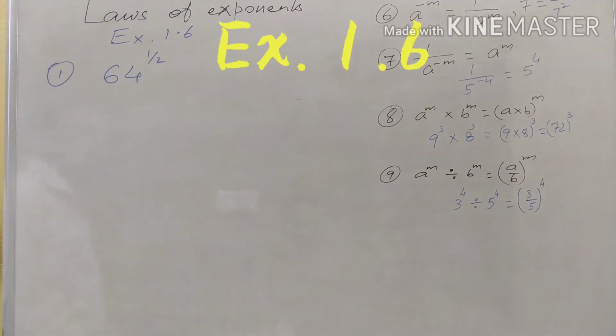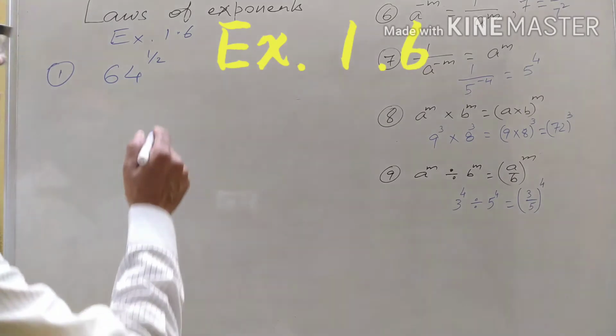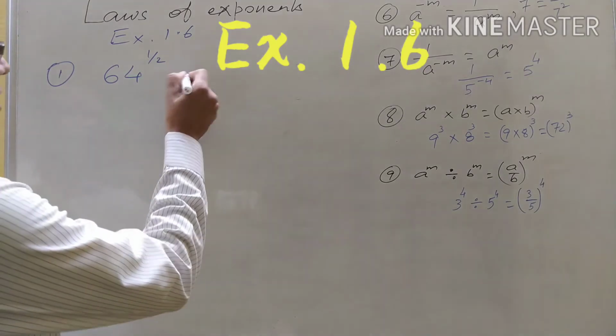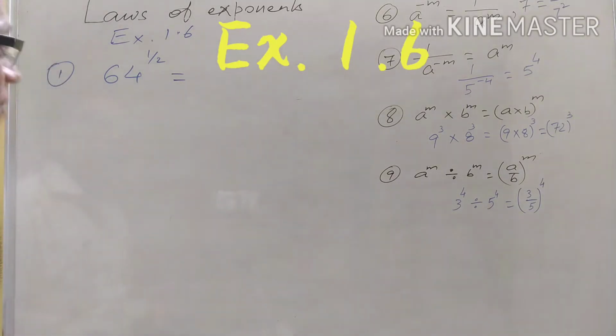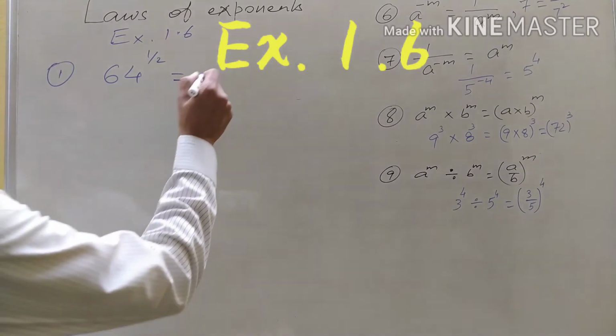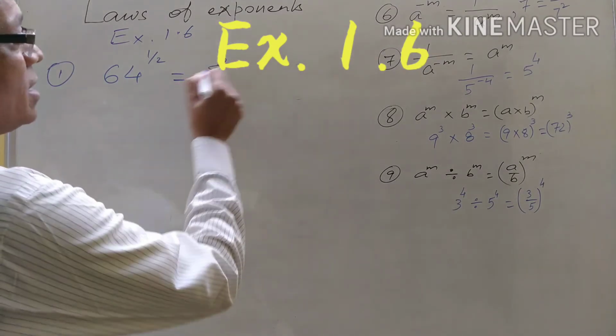The first method is we can find the prime factors of 64. Another way, we know that 64 is the square of 8. So 8 square means 64.